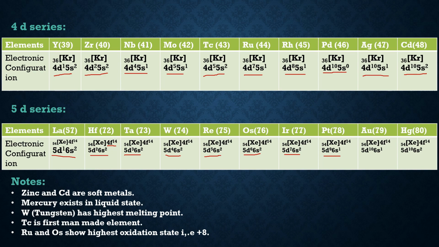So 5d9 6s1 is the configuration for platinum. Then gold is having 5d10 6s1 and mercury is having 5d10 6s2.